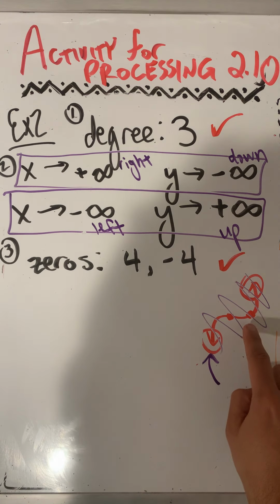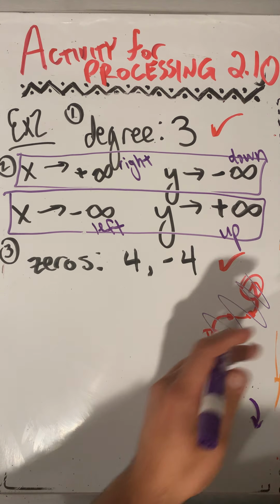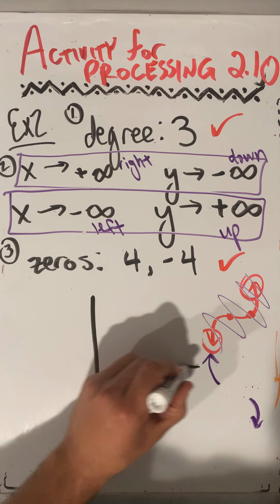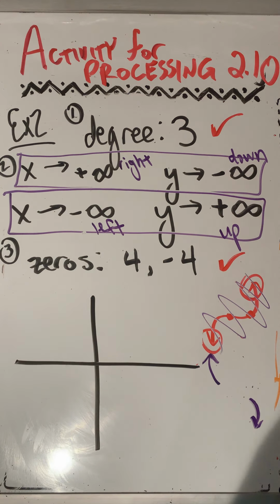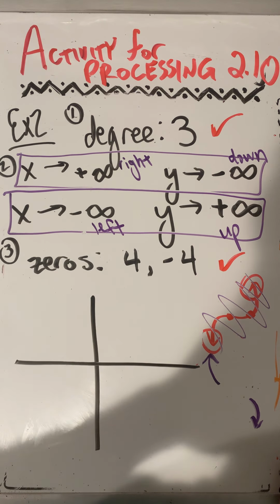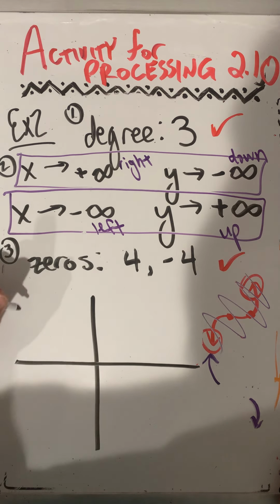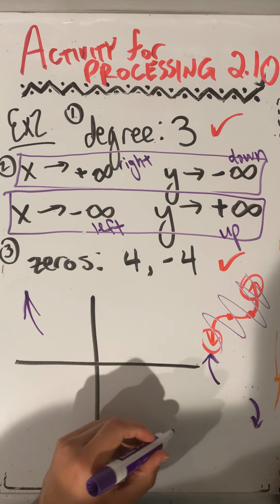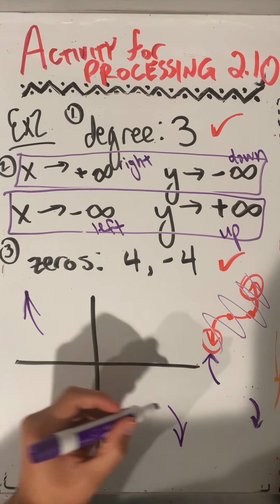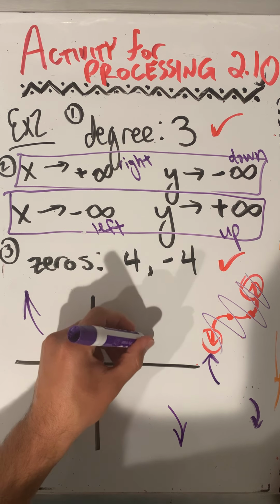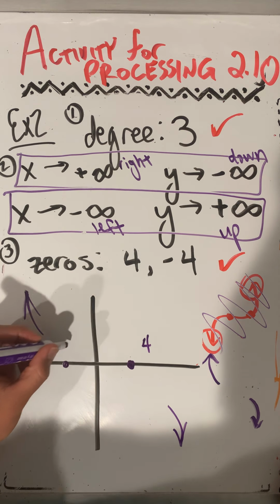So I need to now put the body and the end behaviors together. +4 and -4.